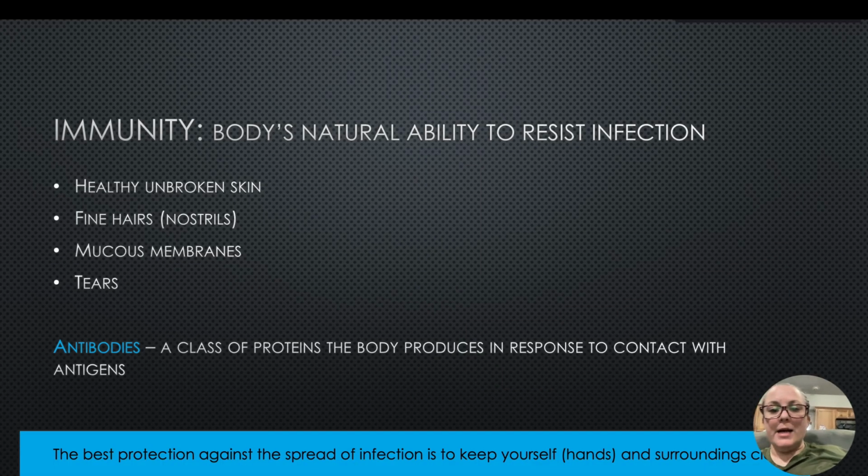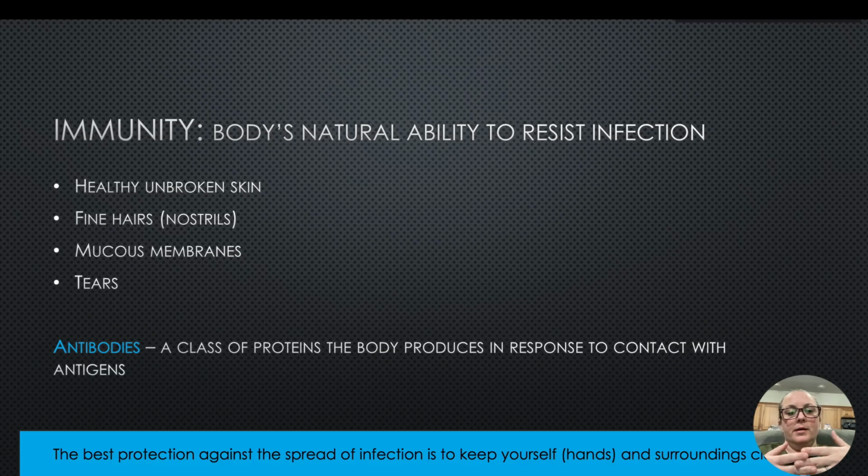Immunity is the body's natural ability to resist infection. So immunity starts with healthy, unbroken skin. Our hairs on our body tend to help us resist contracting some kind of infection. That would be the fine hairs in your nostrils.